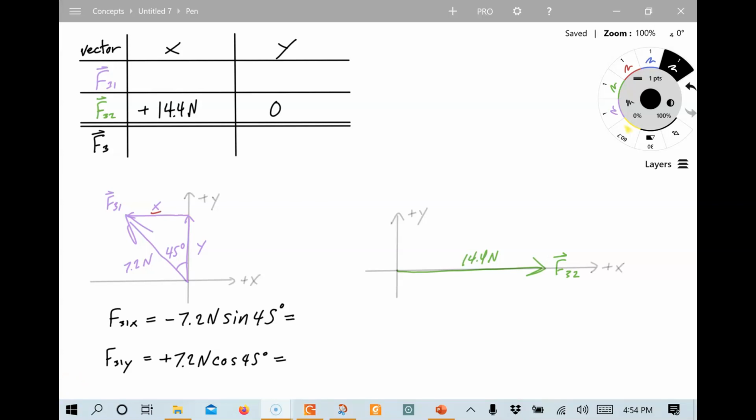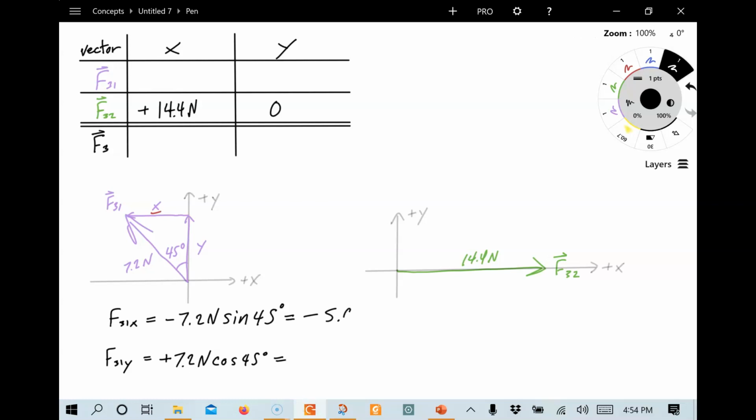So this comes out to negative 5.09 newtons. And the one on the bottom, because 45 degree angles have the same values for sine and cosine, positive 5.09 newtons. And I'm going to put those into my table now. So for F31x, negative 5.09 newtons, and F31y, positive 5.09 newtons.